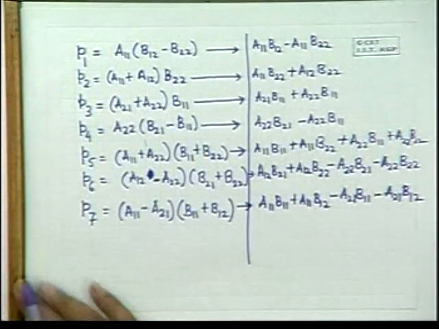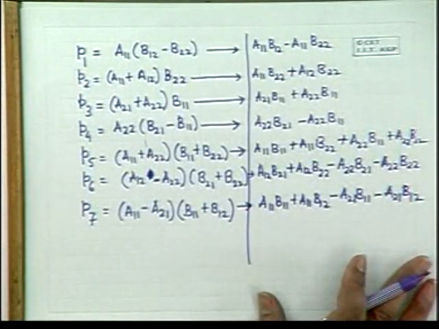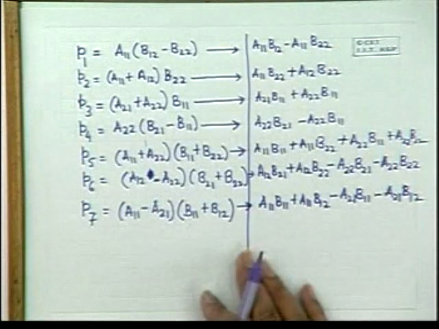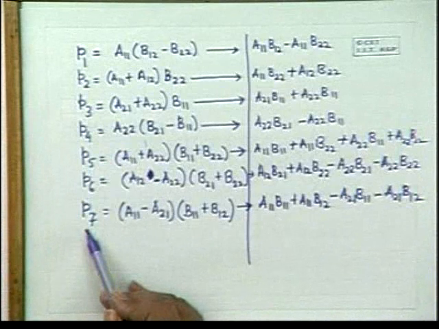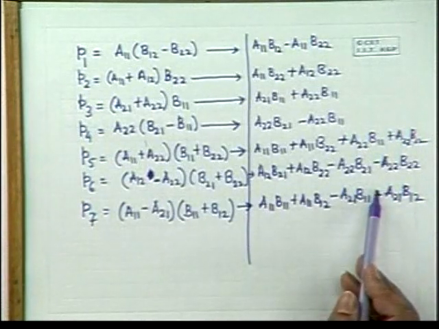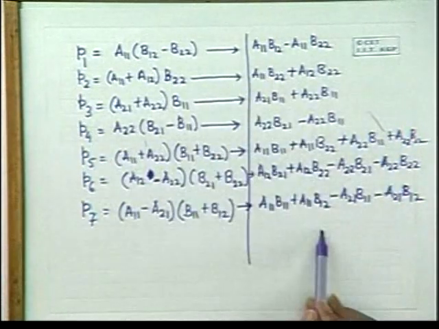There is nothing complicated here. It is a very routine task to see what P1, P2, P3, P4 up to P7 are.